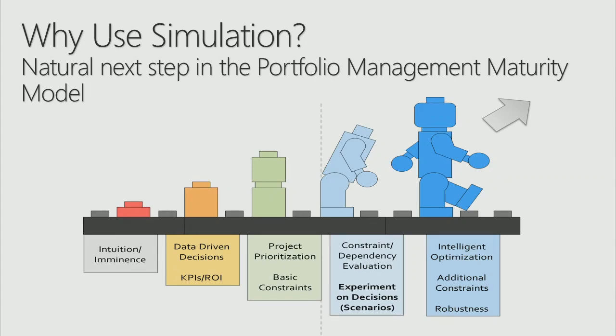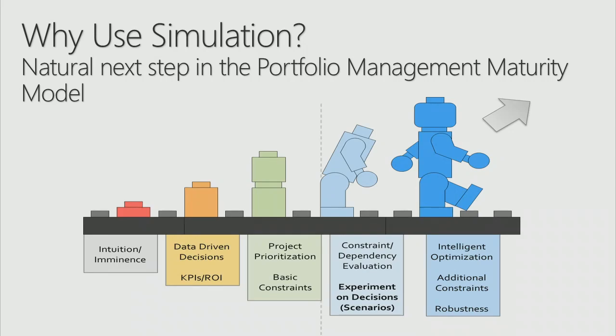Simulation helps us go to some next steps where we can look at our constraints and actually see how they impact our schedules. Do an evaluation on our constraints. If I don't have enough people, do I just not do enough of those projects to be under that capacity line? Or do I actually see how my projects are going to be delayed by not having enough people and/or money? And then we can start to do experiments on our decisions, doing our scenarios.